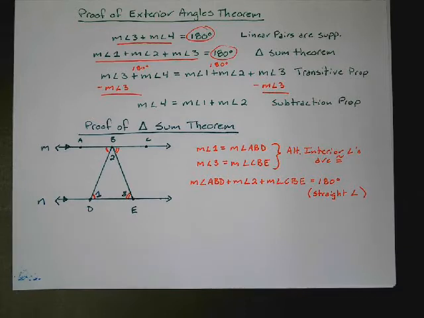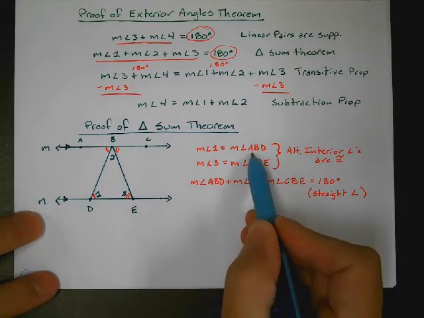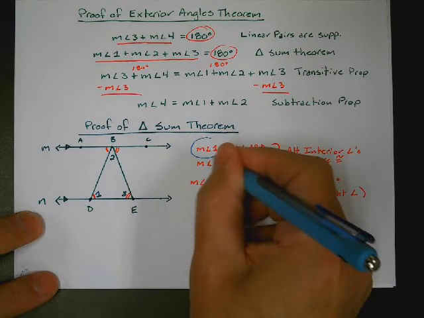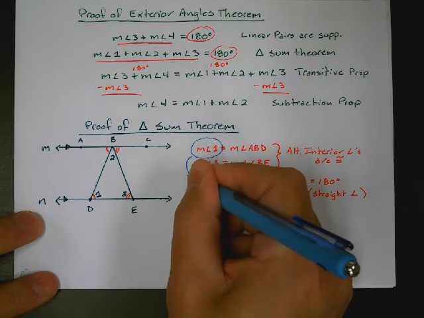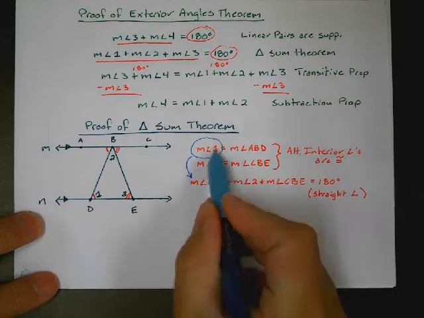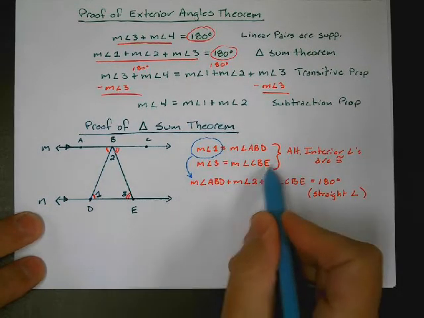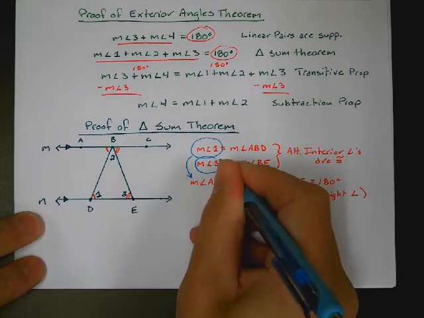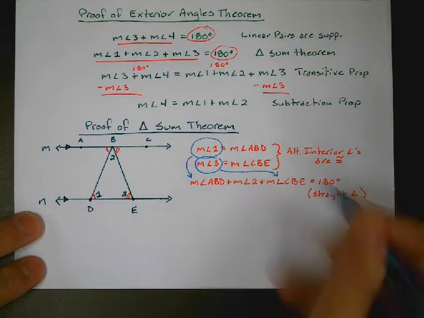Now what I want you to see here is angle 1 is equal to ABD. So what I'm allowed to do is instead of ABD, I'm allowed to plug in angle 1 because they're equal to each other. And now I know angle 3 is equal to CBE. So I can plug angle 3 in over here because they're equal to each other.